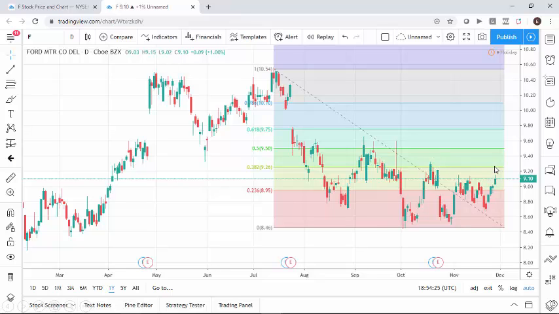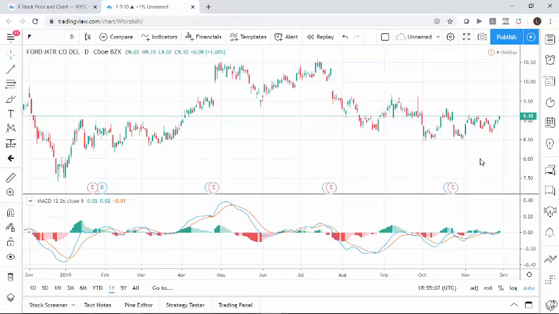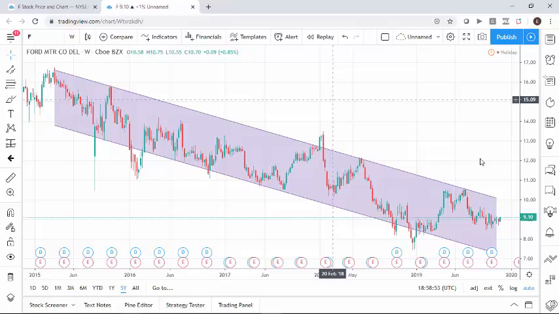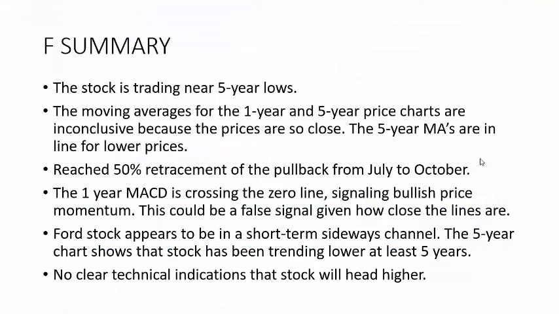So maybe if we blow past that, it might be worth buying, seeing if you can capture a little bit of the move between. But again, I would be more prone to wait in this scenario and just let the data tell you where the stock is going to head.